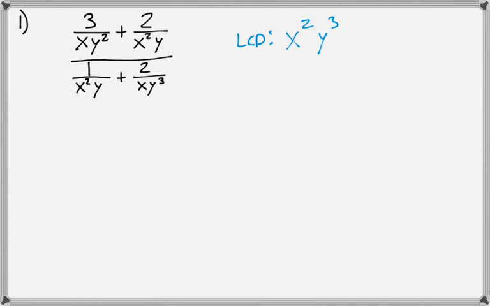Okay, then I want to multiply each fraction by this LCD. And it's over 1. So I'm not multiplying by what I need to get the LCD. I'm multiplying by the LCD itself, over 1.